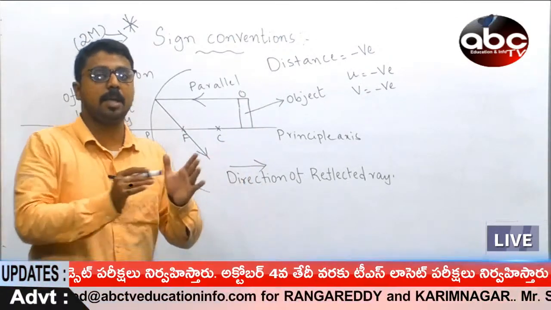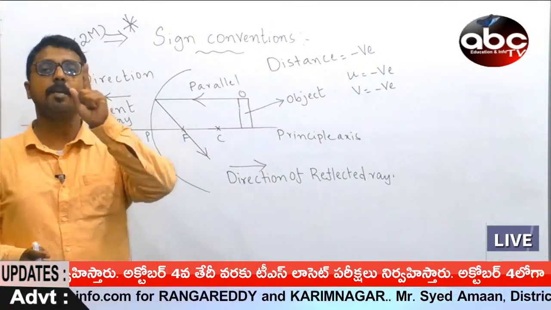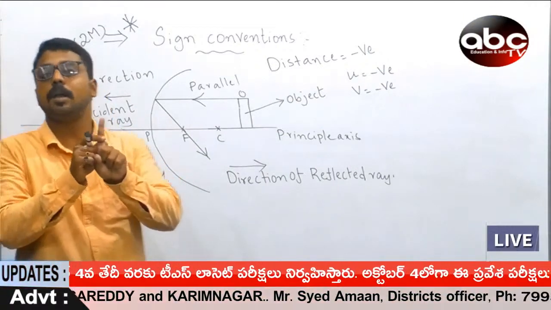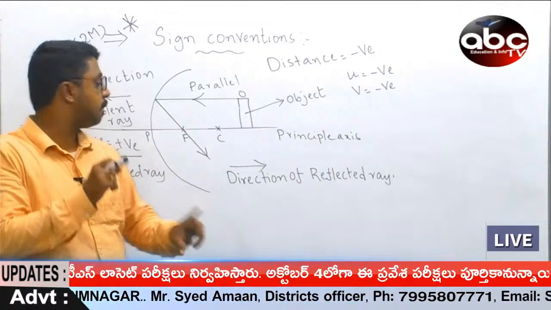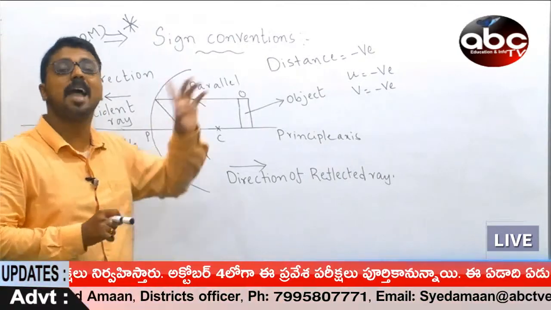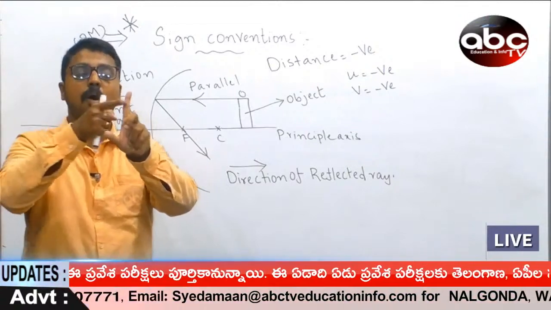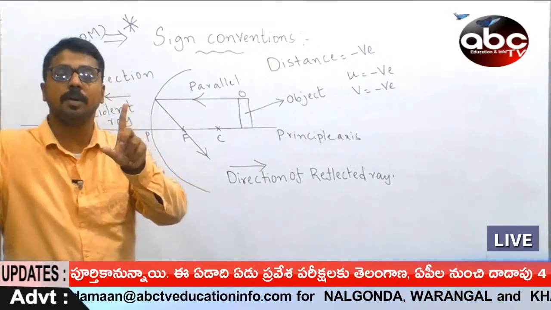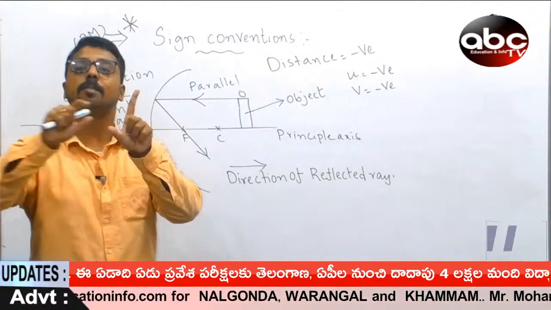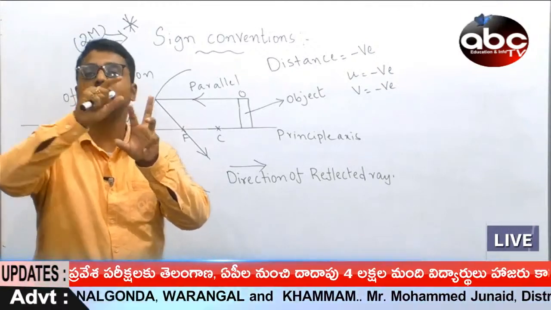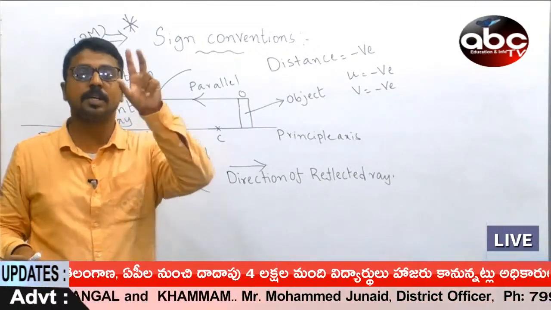So let me give you first, point number 1. What is point number 1? All the distances must be measured from the pole. Example, pole to focus, focal length; pole to center of curvature, radius of curvature; pole to object, object distance; pole to image, image distance. This is the first point.